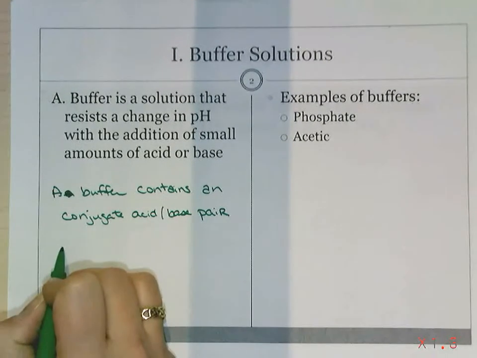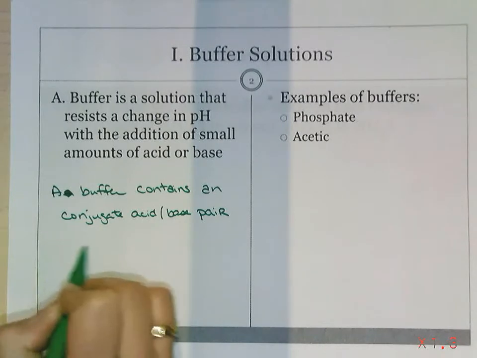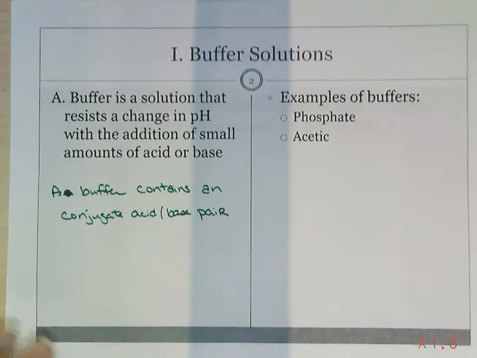And the reason I have the conjugate acid and base pair is so that when you add either an acid or a base, the opposite neutralizes it.